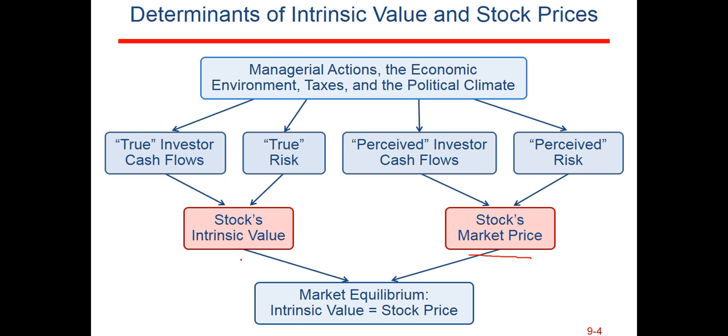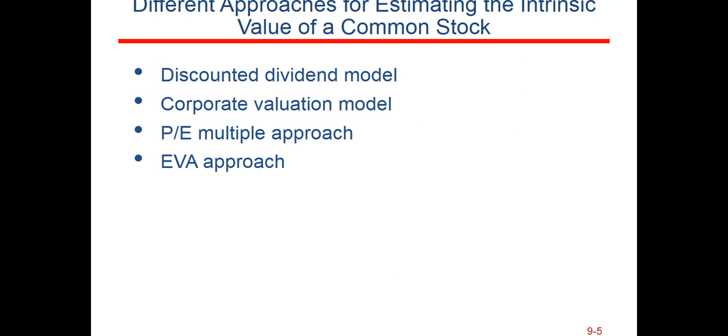You can find them daily. Finding the intrinsic value is the difficult part, and we are going to see there are different ways, academic ways, to calculate the value of the stock. It has a lot of assumptions, and your models are as good, or the price that you are finding is as good, as your assumptions. So with that caveat, let's take a look at some of these ways.